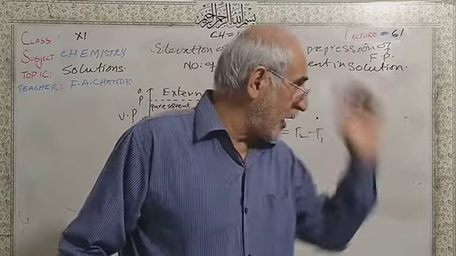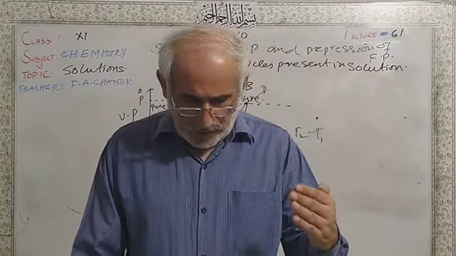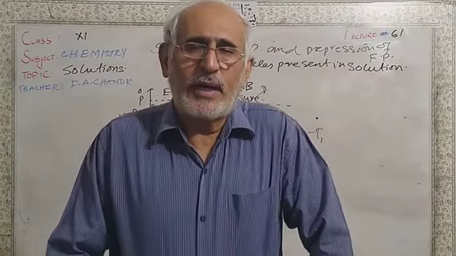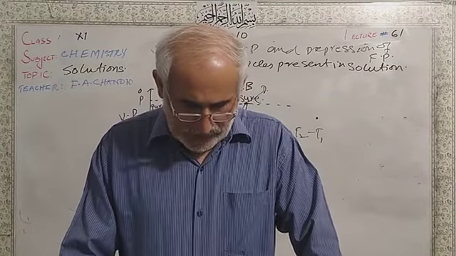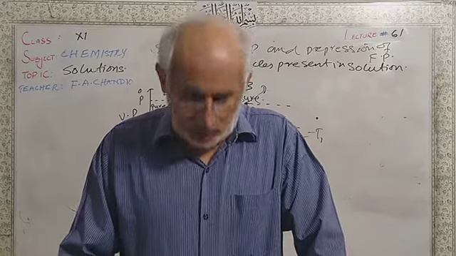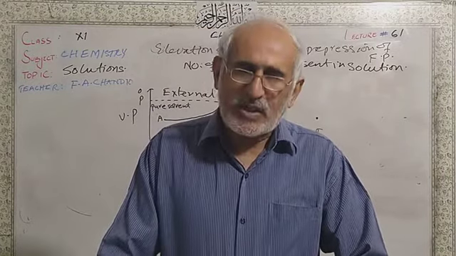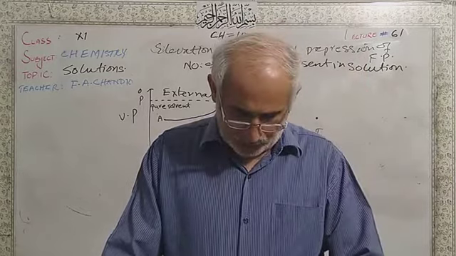When you dissolve 1 mole of non-volatile, non-electrolyte solute in 1 kilogram of solvent, this is called the molal boiling point constant, Kb, which depends upon the nature of the solvent, not the solute.